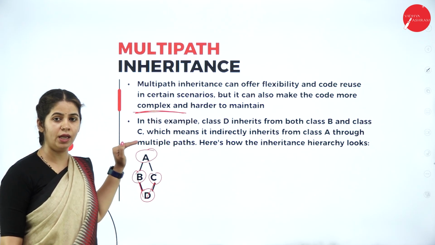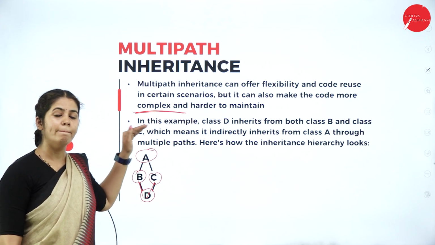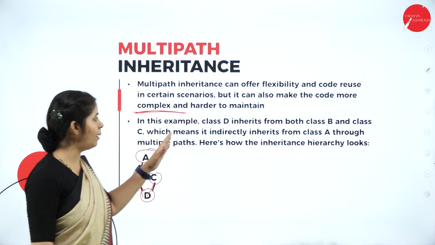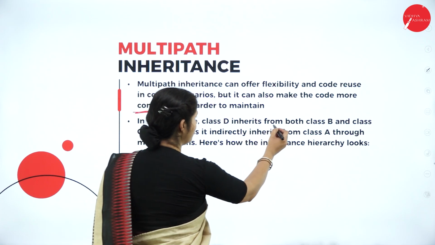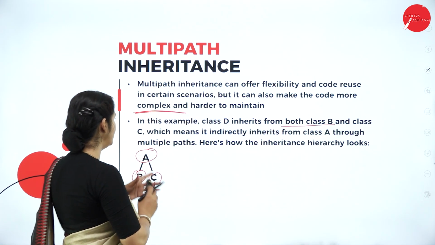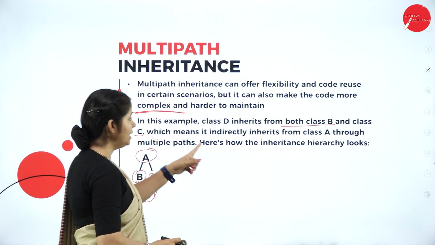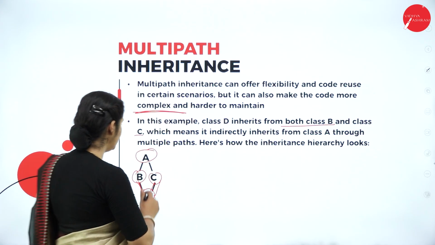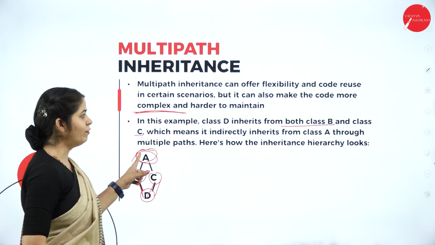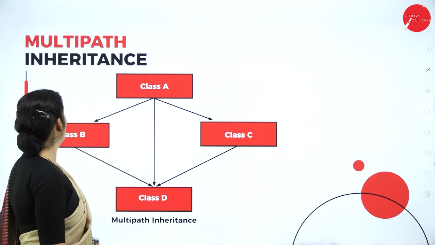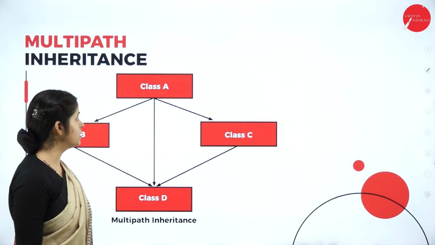In multipath inheritance, you are using multiple inheritance as well as hybrid inheritance. In this example, class D inherits from both class B and class C. D is inherited from B and C, which means that indirectly it is inheriting the property of A. So this is a diagrammatic representation of multipath inheritance.